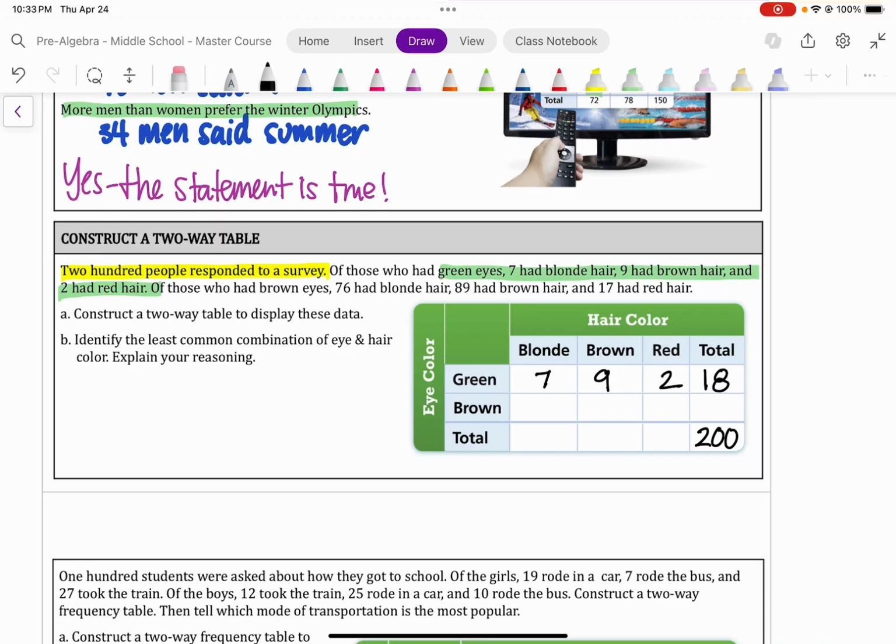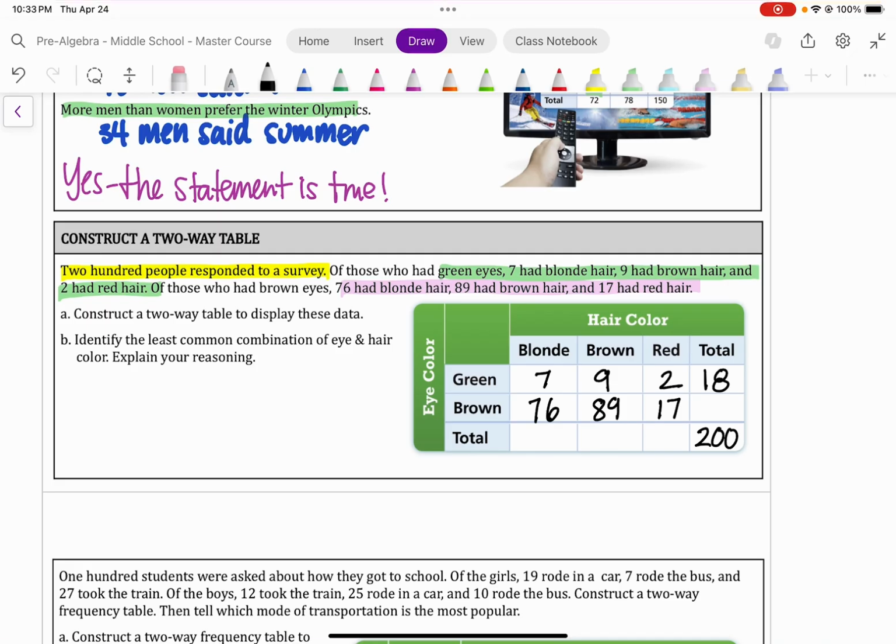Of those who had brown eyes, 76 had blonde hair, 89 had brown hair, 17 had red hair. So let's fill those numbers in. Brown eyes, so we're going to go to the brown eyes column. Oh, no, brown eyes row, sorry. 76 had blonde, 89 had brown, 17 had red.